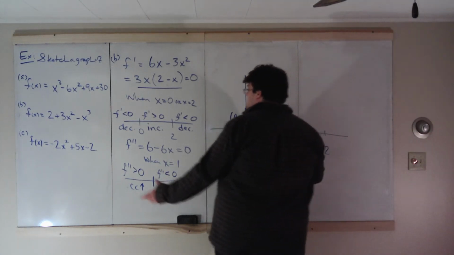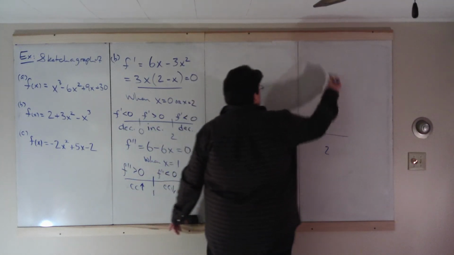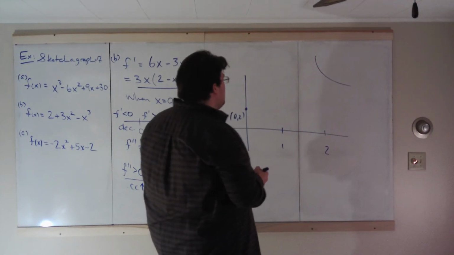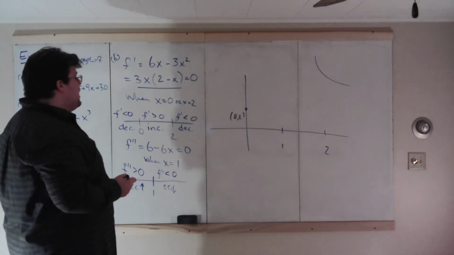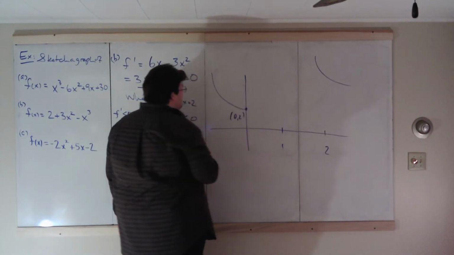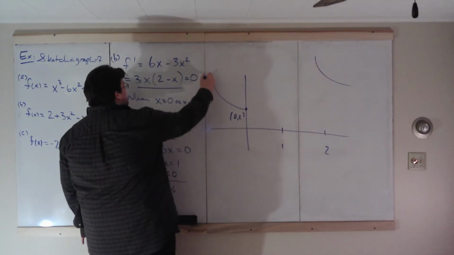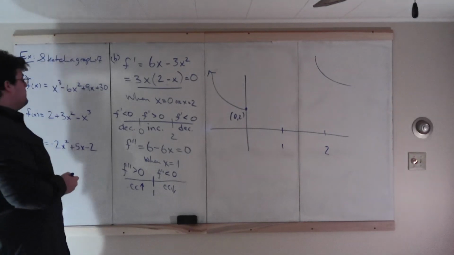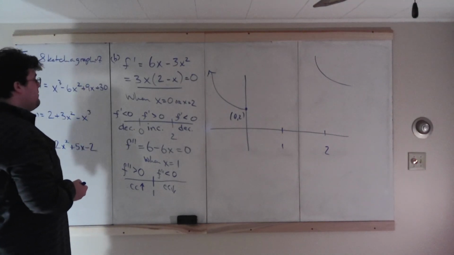So our first relevant interval, negative infinity to 0. The original function is decreasing and concave up. What does that look like? It looks like that, decreasing and concave up. So we'll put one of those on negative infinity to 0. There's one of those. Let's make the x values go to negative infinity. And then we do the same thing with the other intervals.